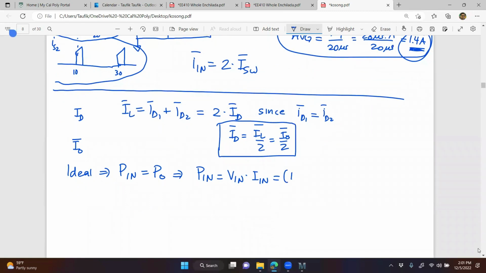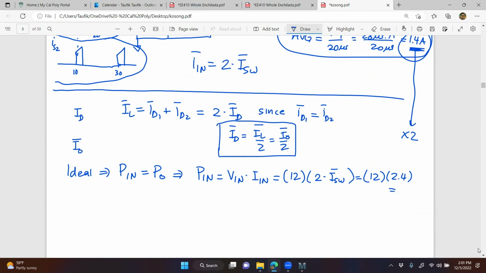V in is 12. I in is twice I switch average, so that's 2 times 1.4, which is 2.8 amps.